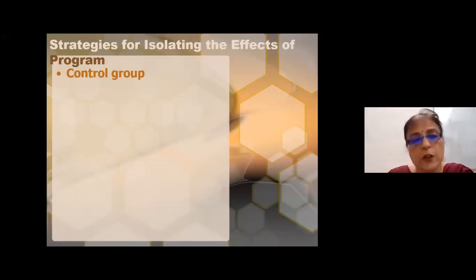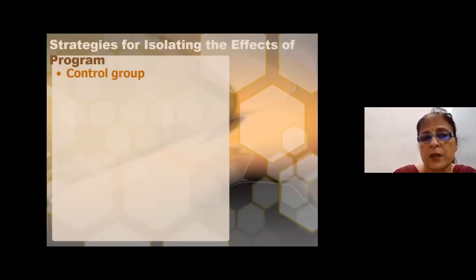Now you can have control groups. What are control groups? Actually, you have a group who has been given the training, okay? And there is another group of people who have not been given the training. And you compare the difference in their performance, and then you know whether the trained group is performing well.